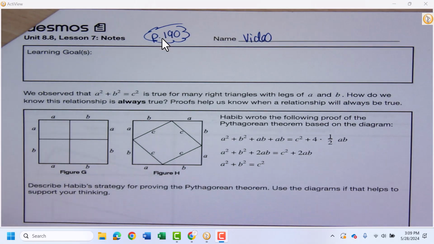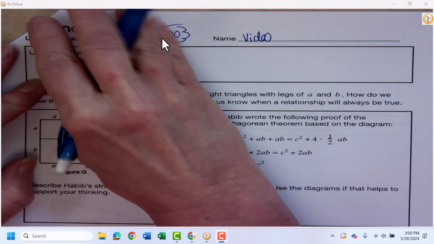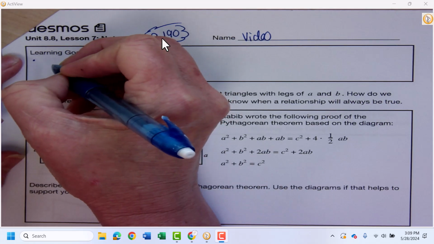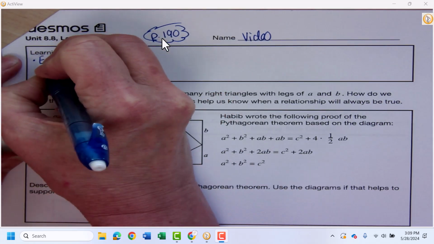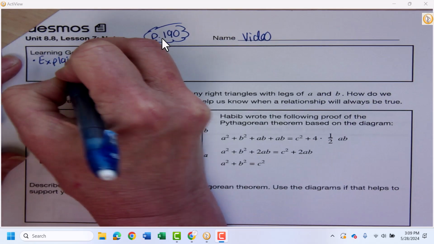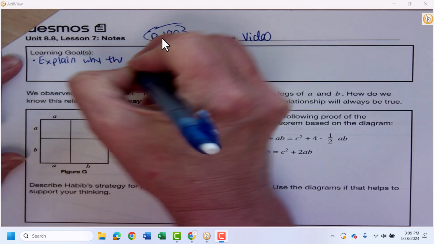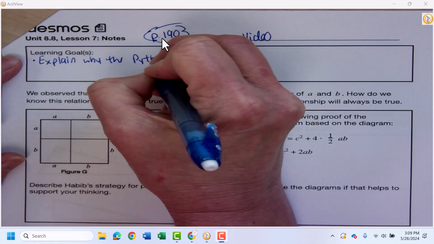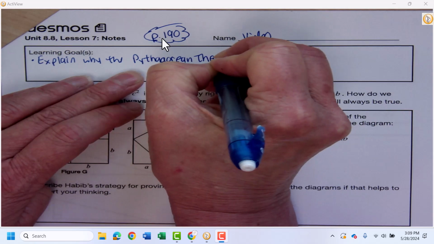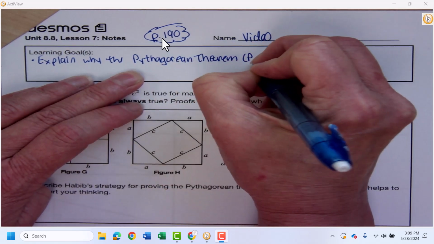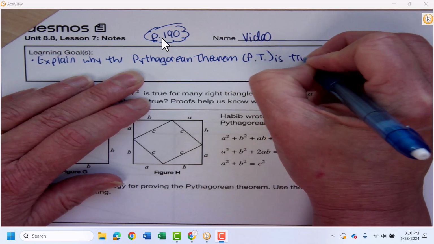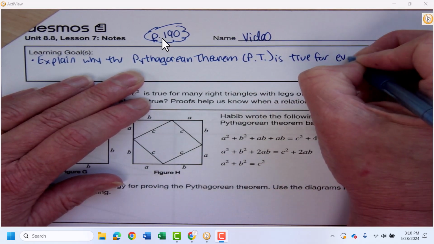All right, we're on page 190 in your notebook. And there's a couple of learning targets today. One of them is to explain why the Pythagorean theorem, and from here on out I'm just going to abbreviate that PT, is true for every right triangle.